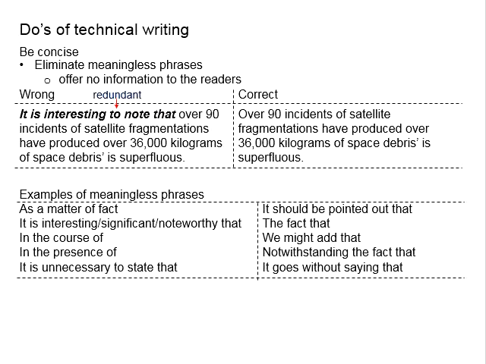Another aspect of being concise is to eliminate meaningless phrases. This kind of meaningless phrase offers no information to the reader, and therefore it is not necessary. For example, "it is interesting to note that over 90 incidents of satellite fragmentations have produced over 36,000 kilograms of space debris" is superfluous.